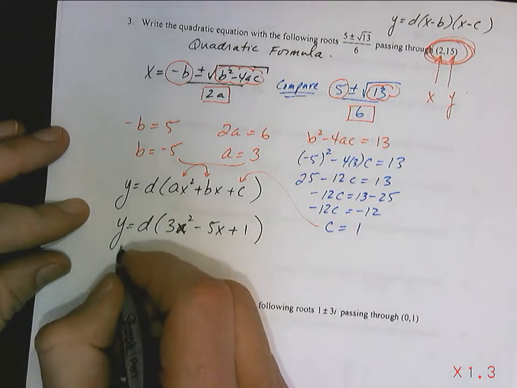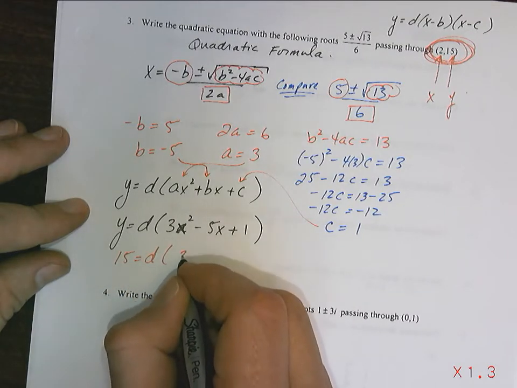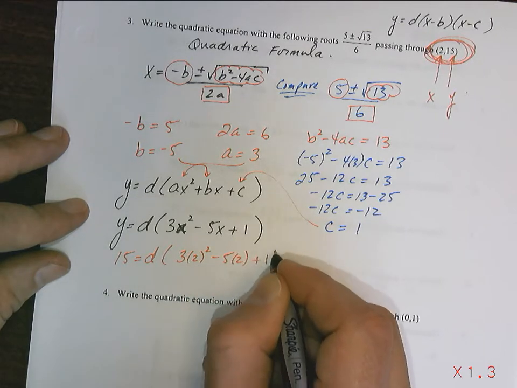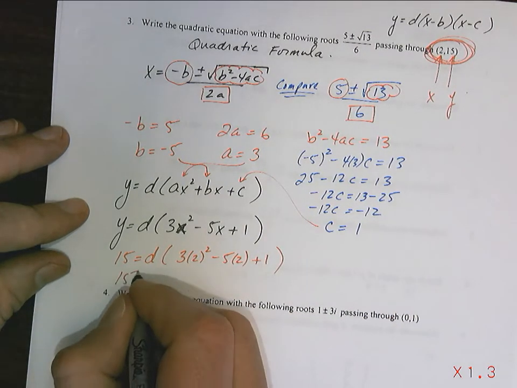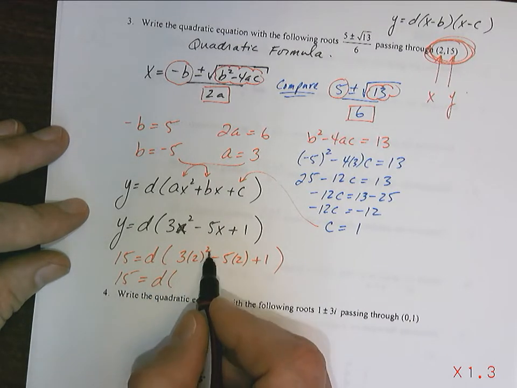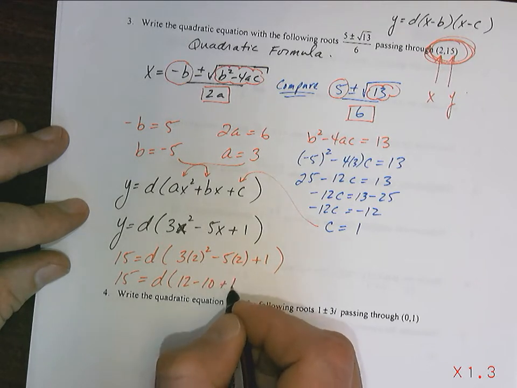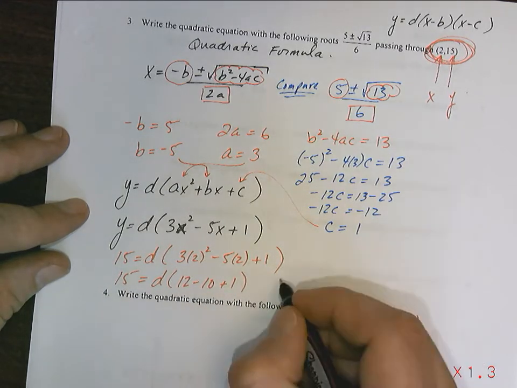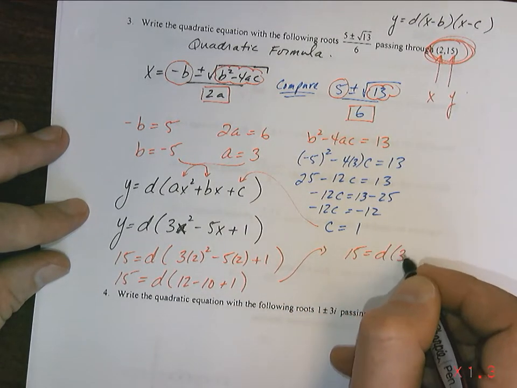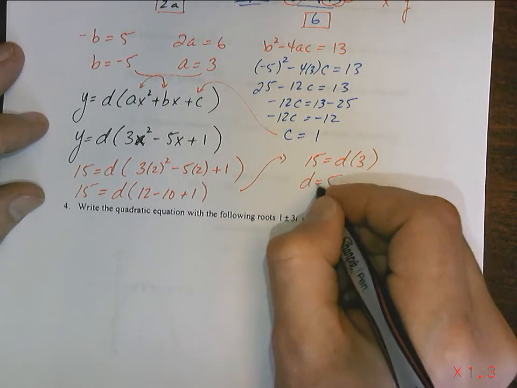So that's going to give me 15 equals d times 3 times 2 squared minus 5 times 2 plus 1. Now 2 squared is 4, times 3 is 12, minus 10, plus 1. So that's going to be 3. So I've got 15 equals d times 3. Divide both sides by 3. I get d equals 5.